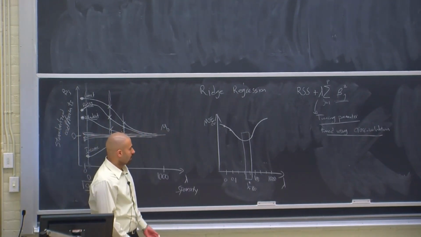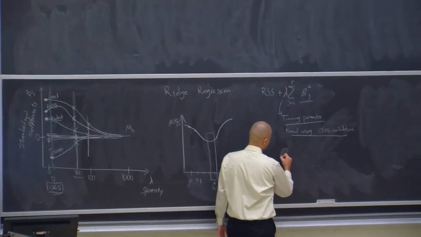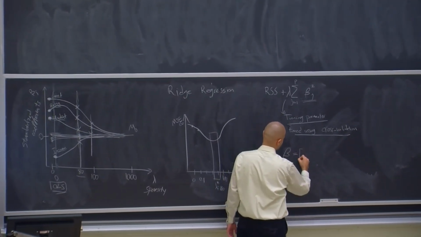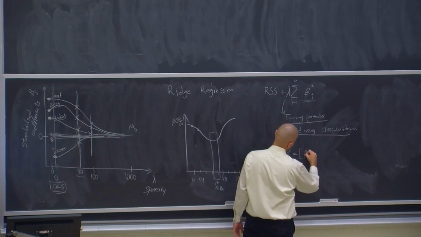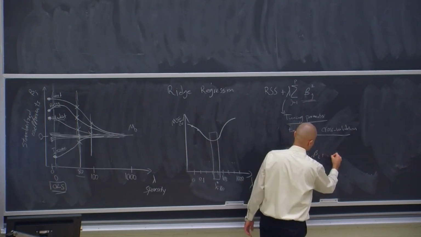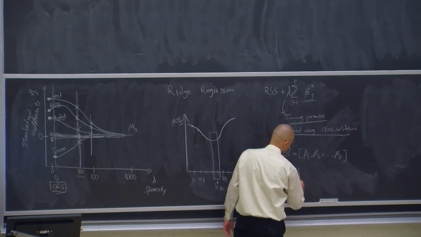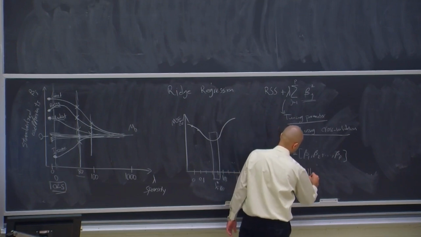So in ridge regression, this is the L2 norm because when we have a vector beta with these coefficients, let's say beta 1, beta 2, all the way to beta sub p, the L2 norm of beta is represented like this.